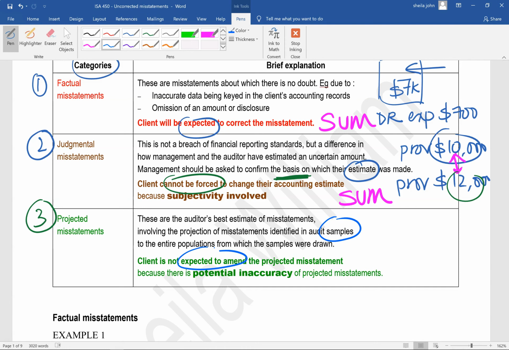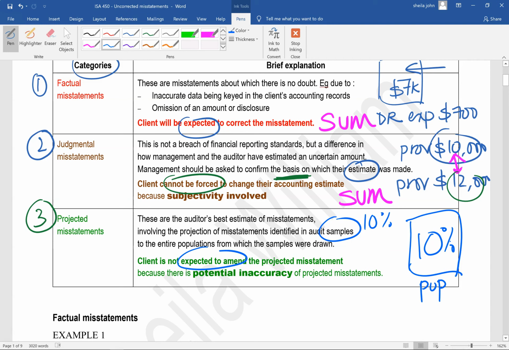The mistake in the sample is not exactly the same as the misstatement would be in the population. Like, for example, if you take a sample, you could say that the sample figure, the figures that are out by 10%. You cannot automatically say that there is a population here from which the sample was taken, that the misstatements in the population are exactly 10%. That would be ridiculous.